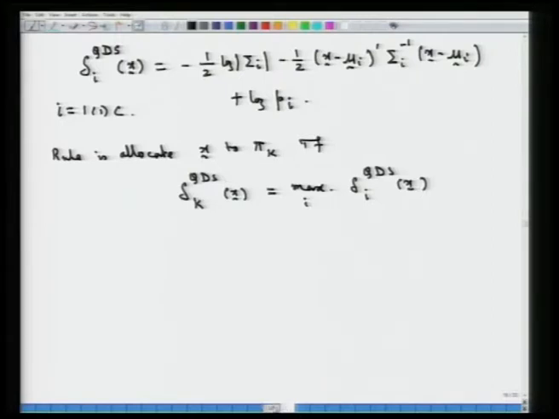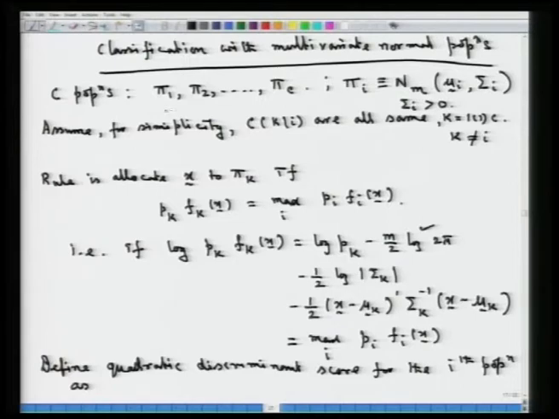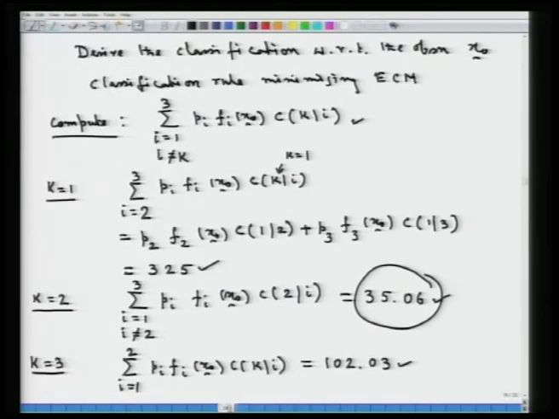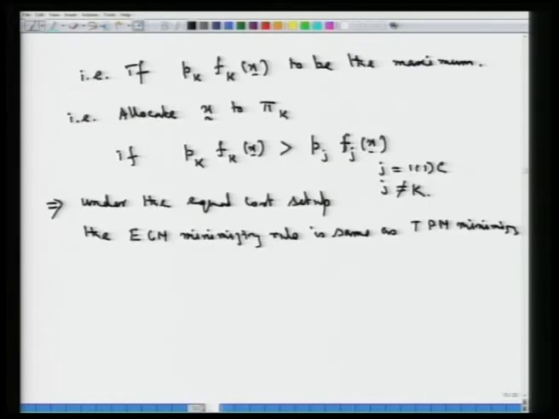Now, in this multi-population setup, if the costs C_ki are not the same, then we will have to go back to the expected cost of misclassification minimizing rule, the general rule that we had derived.